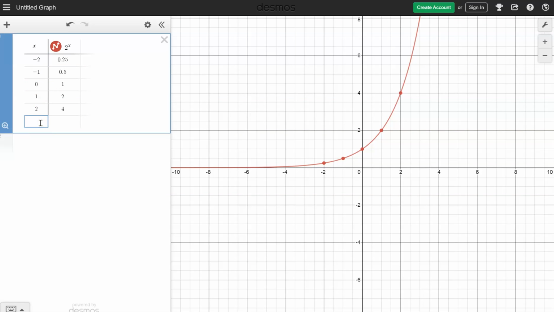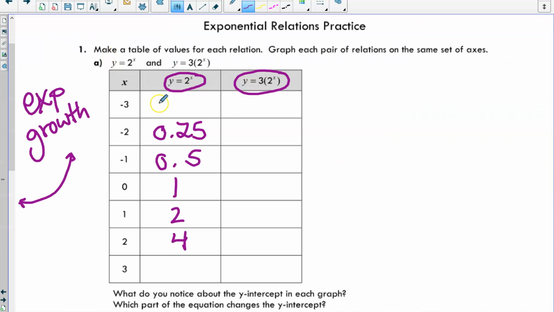You either can leave it blank, or if you type in numbers into your table, it'll actually just give you what they are. So if I type in -3 and 3, it tells me what the y values are. So I can add those in. So this was 0.125 and 8.